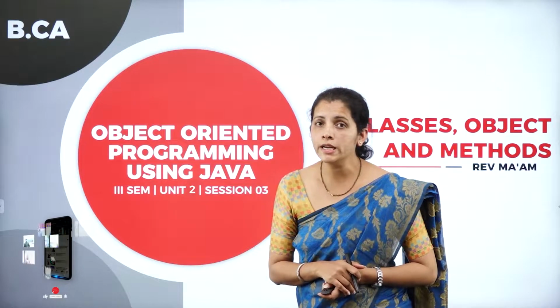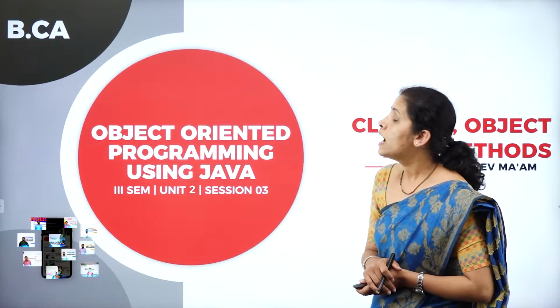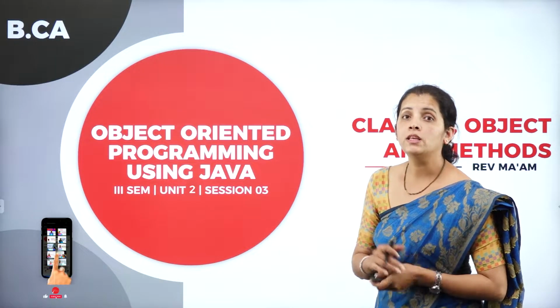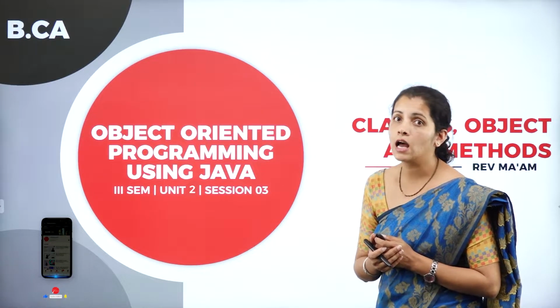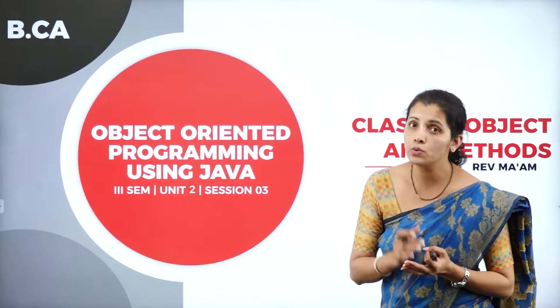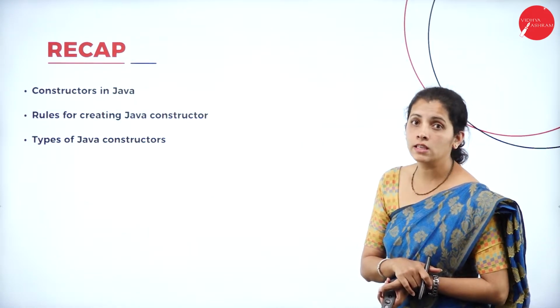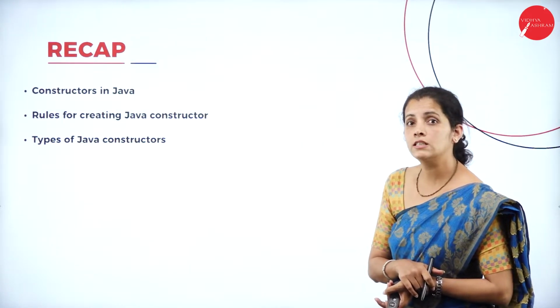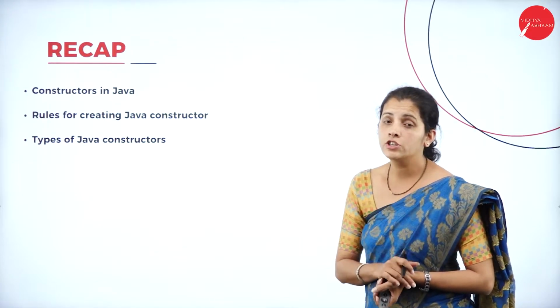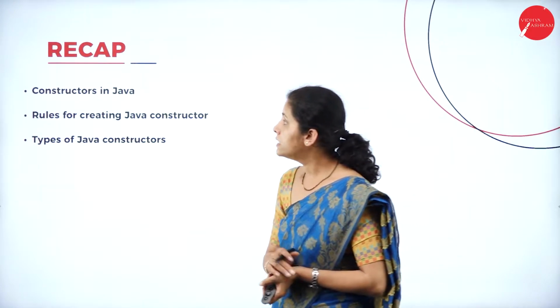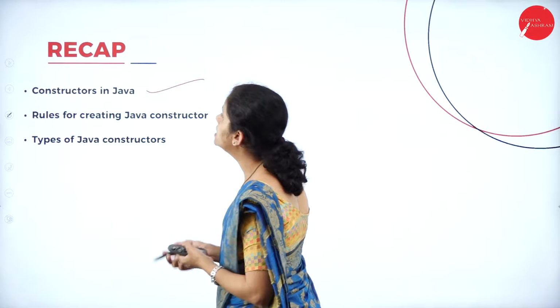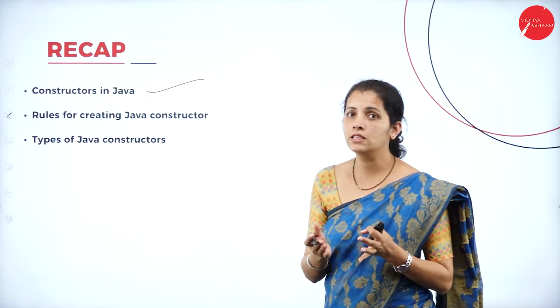So dear student, in this session, I'm going to deal with how to create a class as well as how to make use of a class. Before that, let me recall what I discussed in my last session of this chapter, that is constructor in Java. So what is constructor?